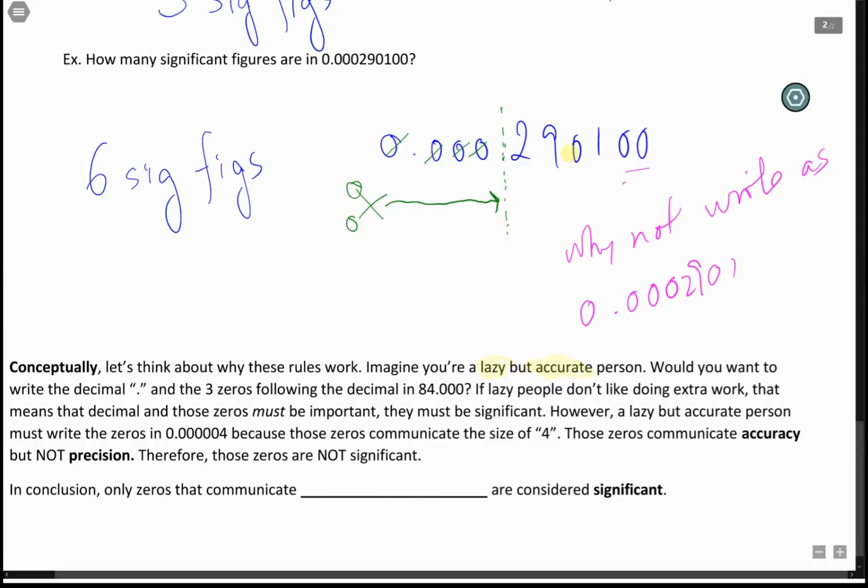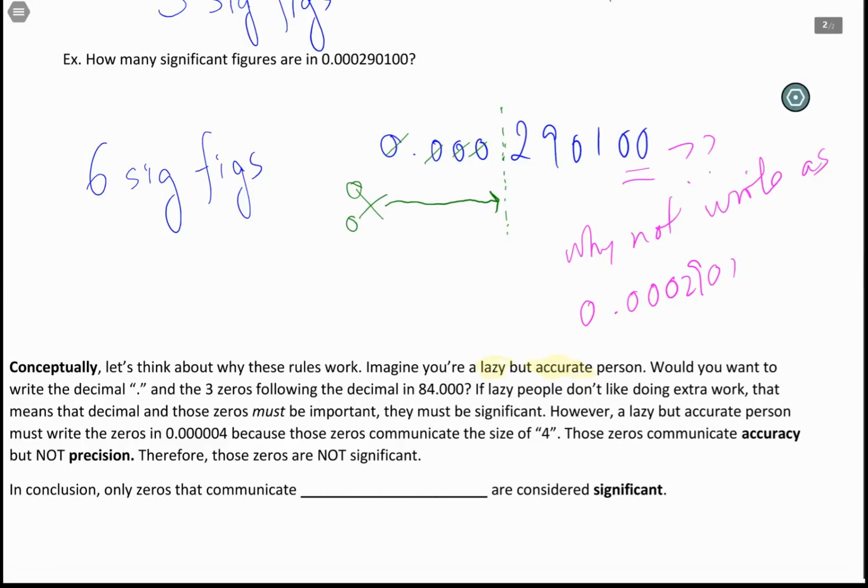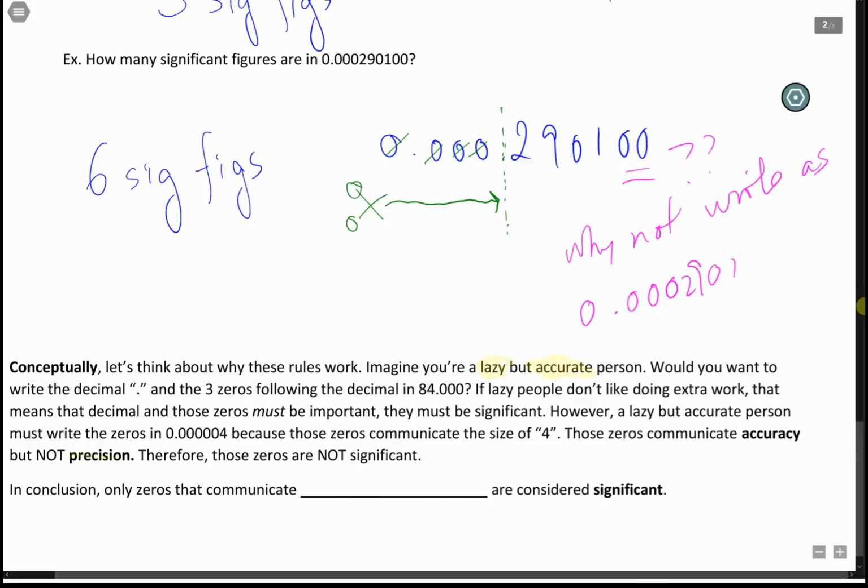Why do I have to write these zeros? Well, the zeros are there for a reason. They must be there for a particular reason, which means the person writing them down must be trying to communicate something. They're trying to communicate precision.